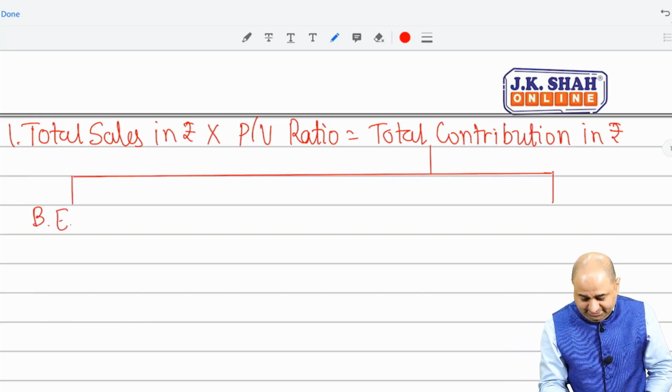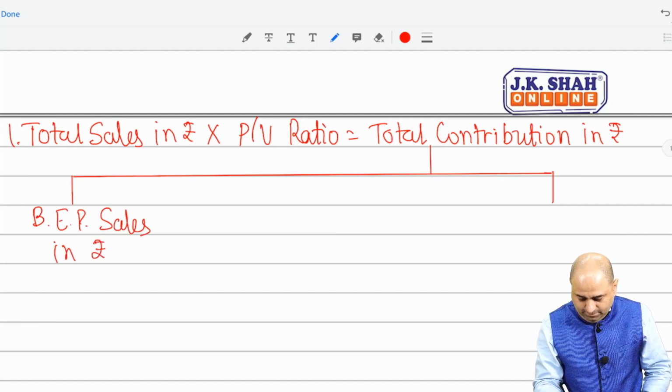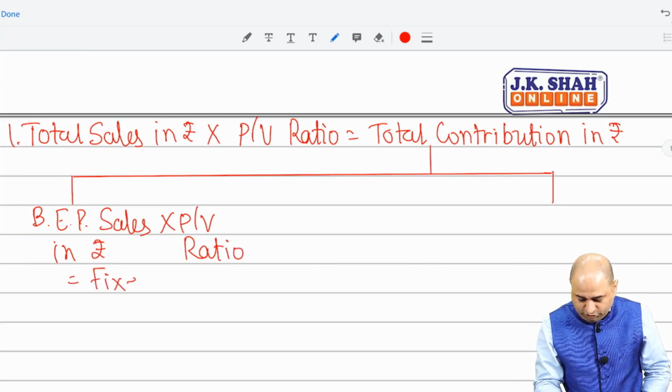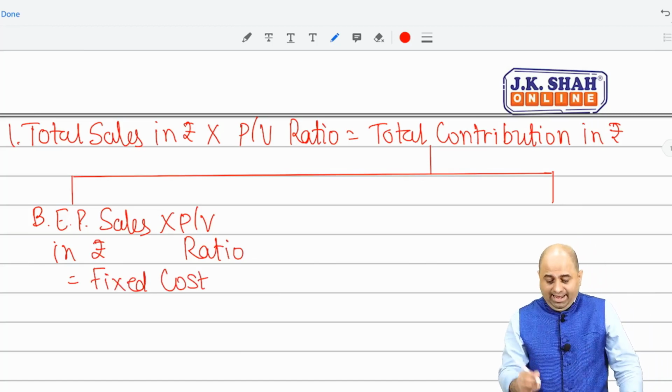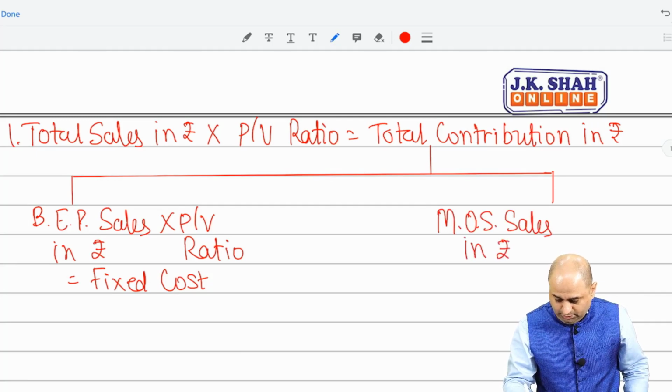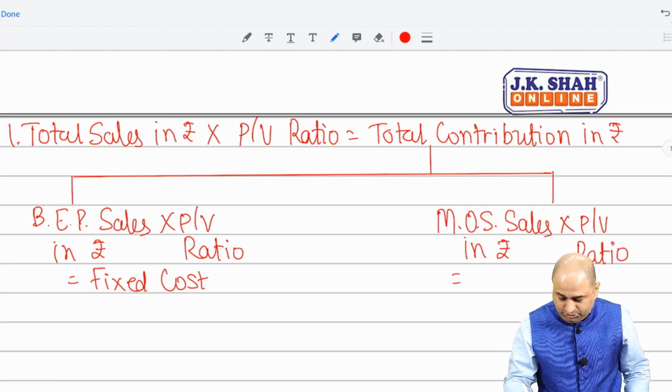BEP sales in rupees into PV ratio, and this will give me fixed cost, and MOS sales in rupees into PV ratio, this will give me net profit.